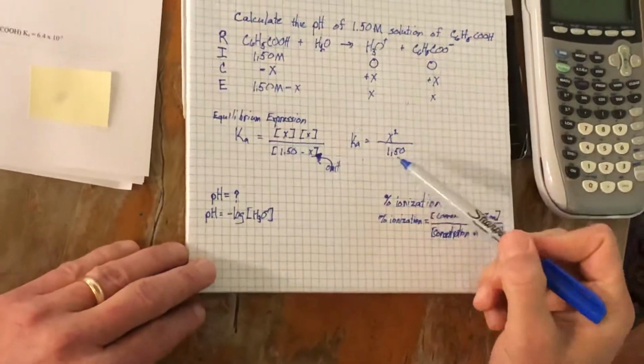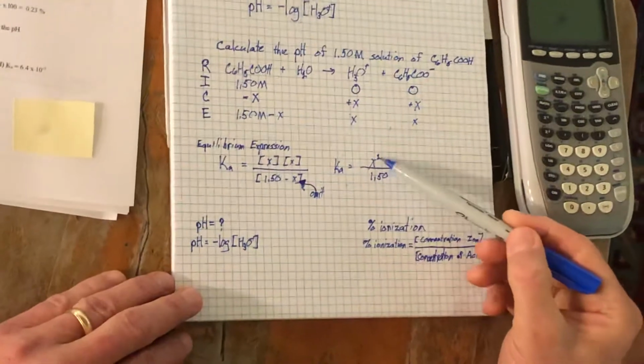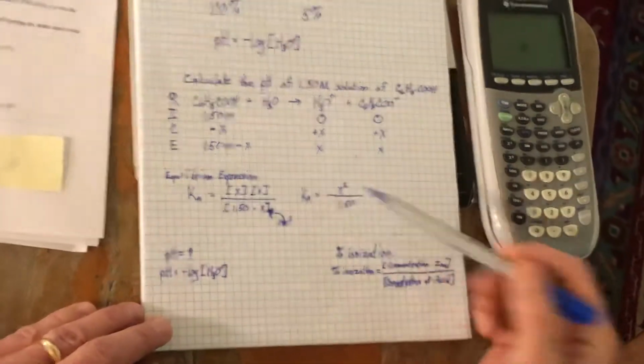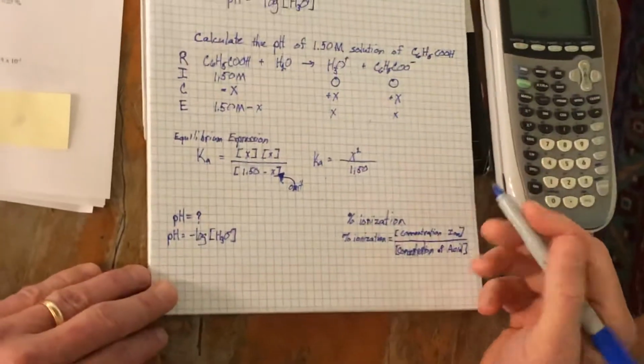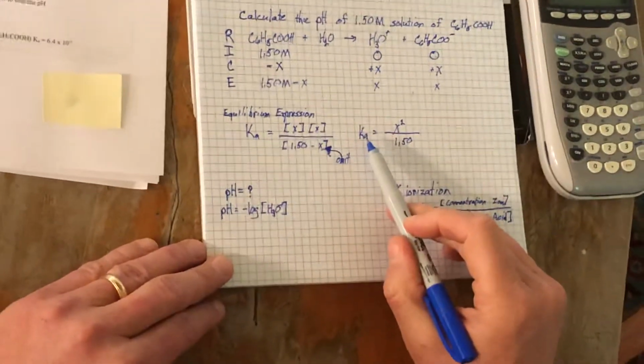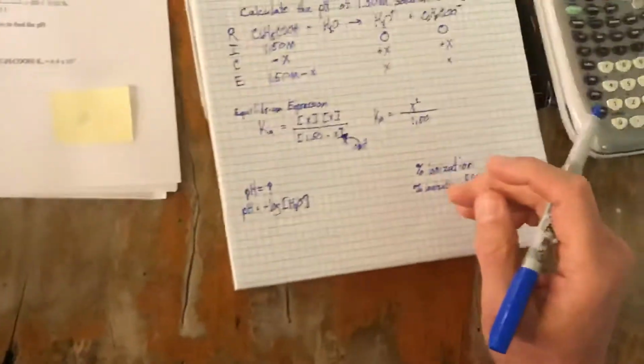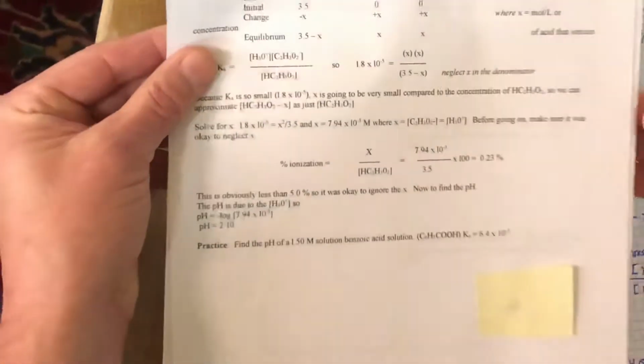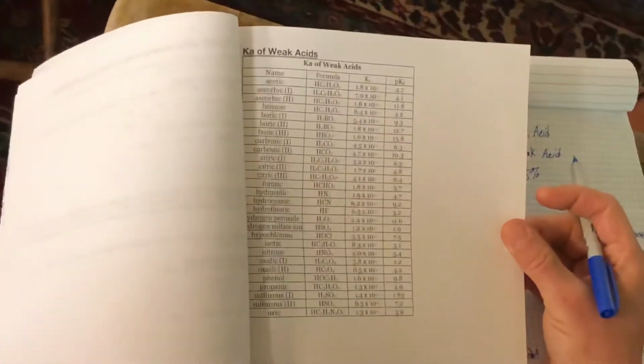So now I have my equilibrium expression for Ka. Well, if I know what Ka is, you say, how do you know that? One of two things. It's either given in the problem, 6.4 times 10 to the negative fifth, or you look at your reference table, and this table will always be given to you.